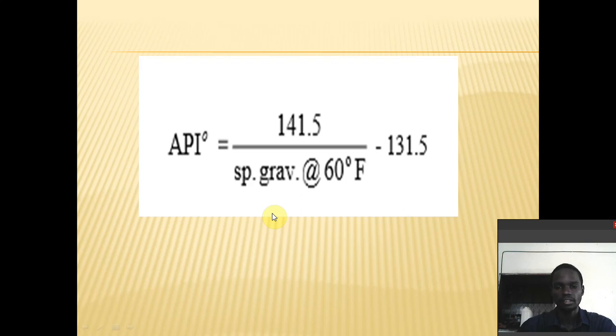While above 40 degrees API, such oils are very light, and you observe that they are the most loved in the market. They can be rated among the most expensive crude oils.